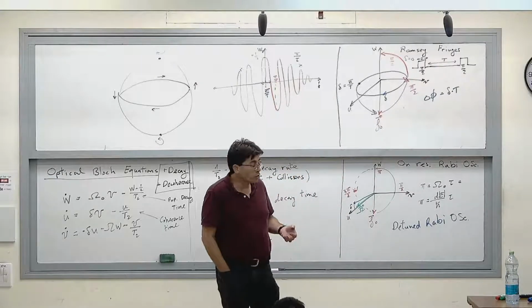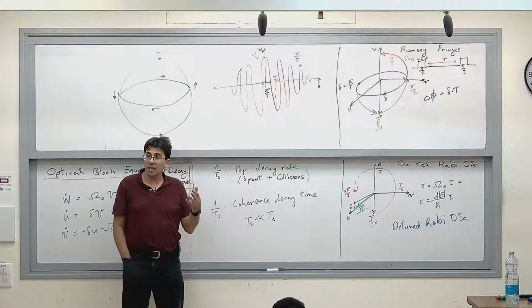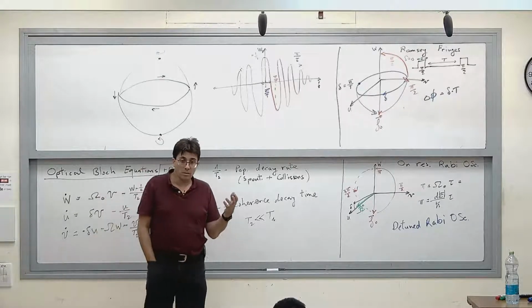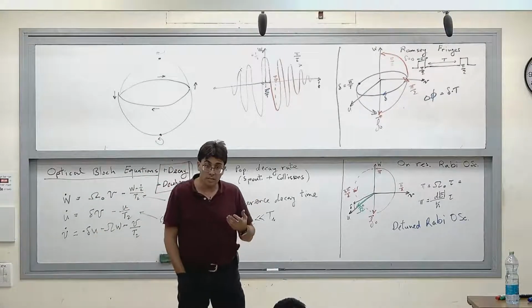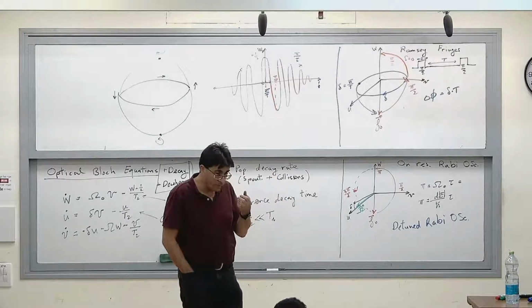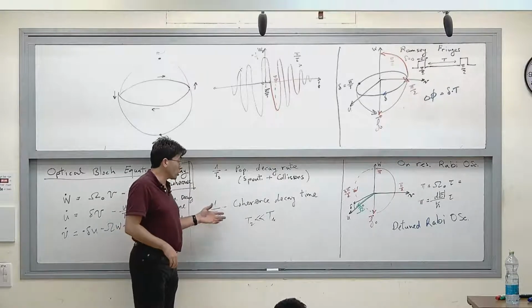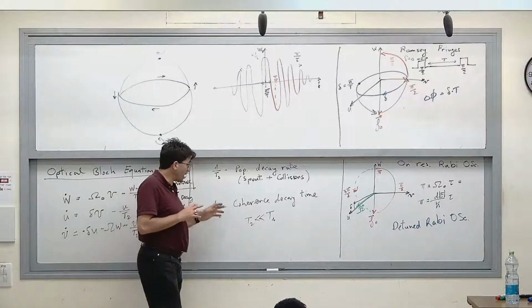But when you have atoms that are hot and are moving, for example, that they have a Doppler shift, or if you have atoms that collide, then things start to change.